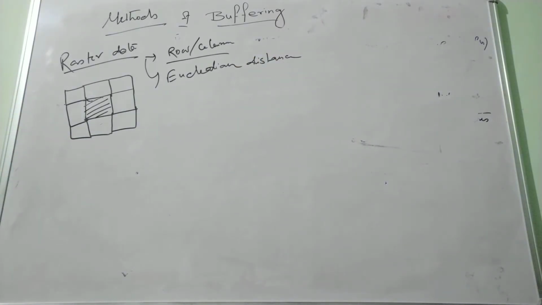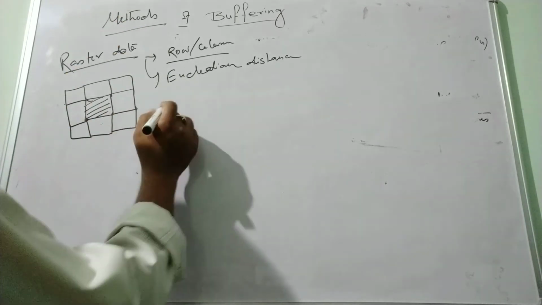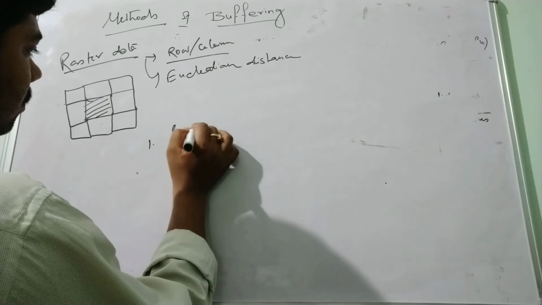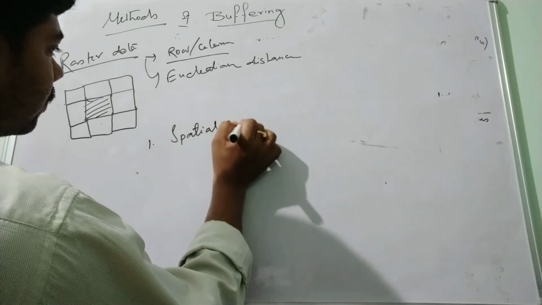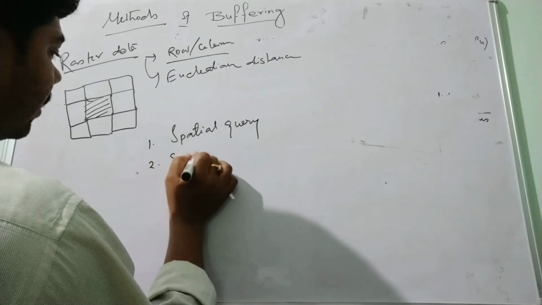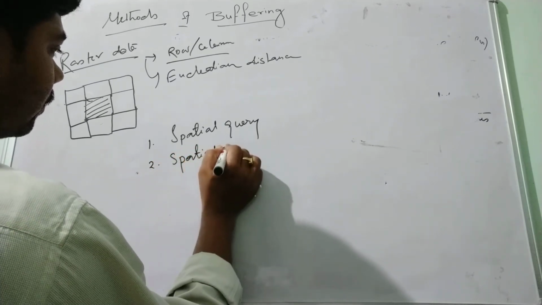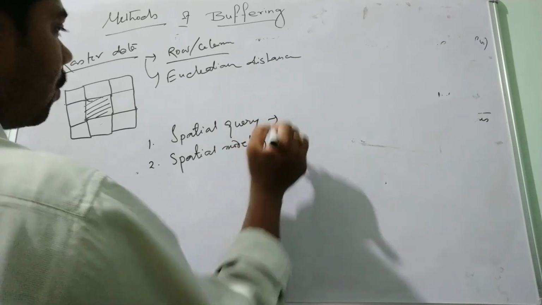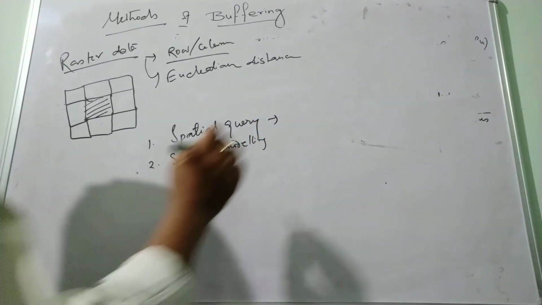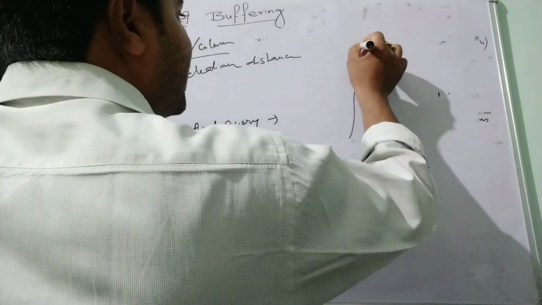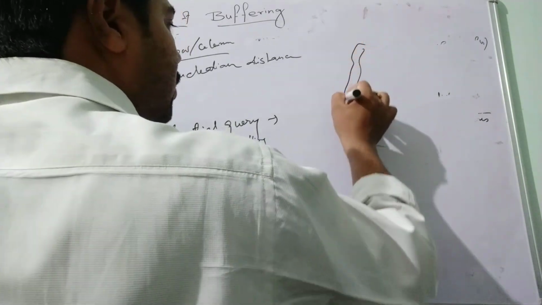So there are a lot of applications of buffering. Like first, as we discussed, for spatial query and spatial modeling. Suppose we would like to say that there is a road, so within a 10 meter distance, no construction should be made.